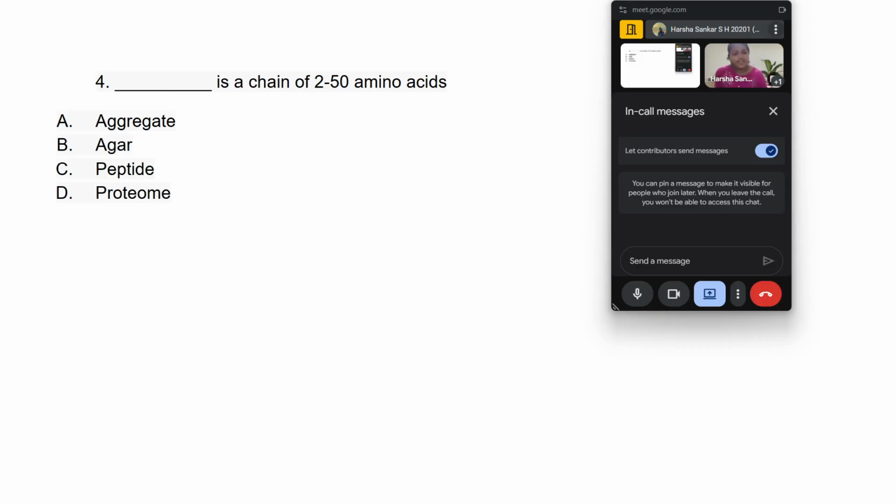Okay, find it out. It's one of the important things that we learned last week also. It's a hormone basically. So here the answer is C, peptide.